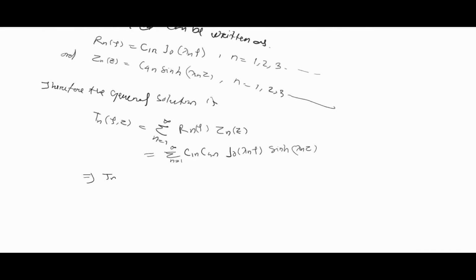So finally we can write that T of rho and z is equal to the summation of n is equal to 1 to infinity of an J0 lambda n rho sinh lambda n z, where an is equal to C1n C4n and lambda n is equal to alpha n by 2.